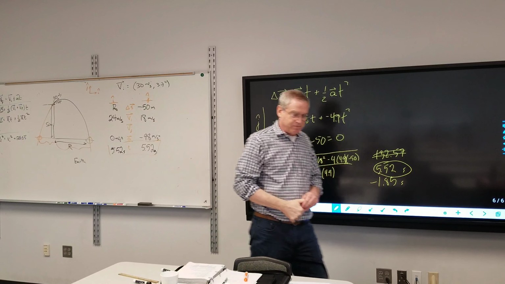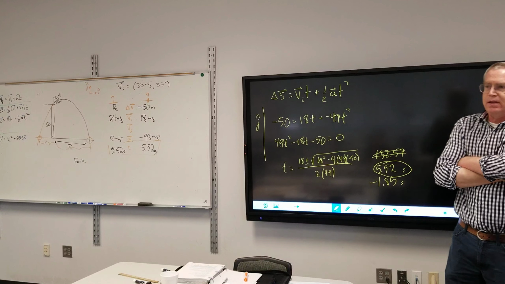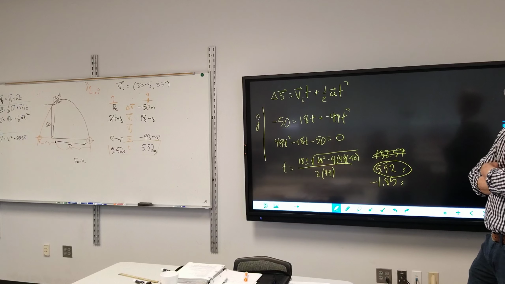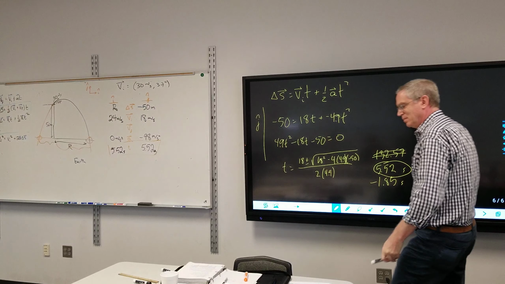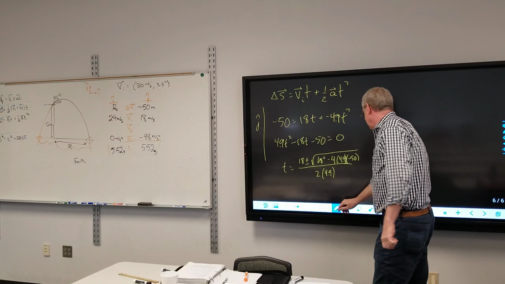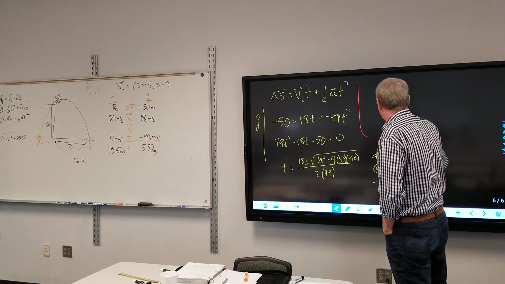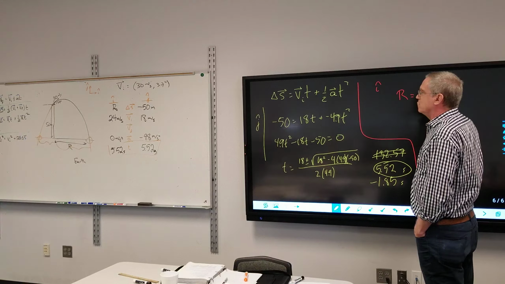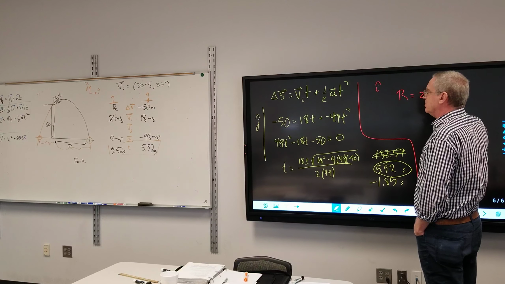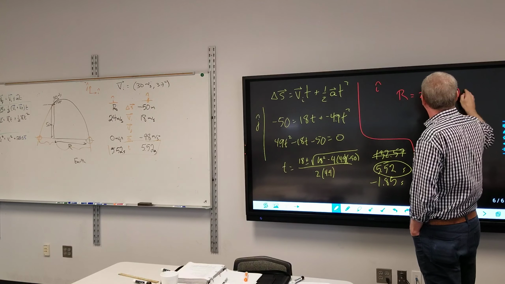So now how do we figure out how far from the bottom of the cliff it lands? So now plug in the i-hat information and we get R is equal to 24 times 5.52 plus 0.